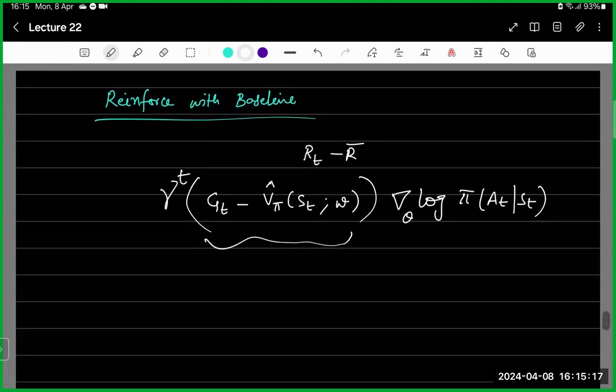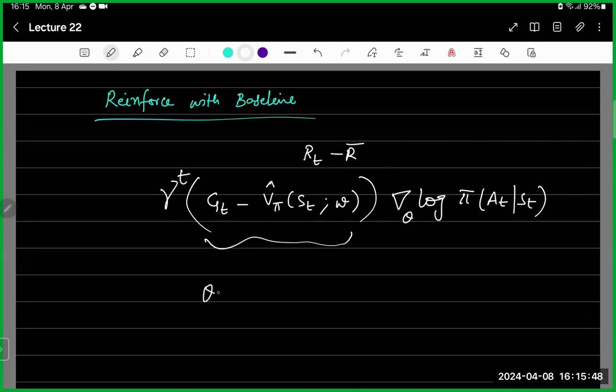So who will give us the value function? Gt, how do we get Gt? We just run one episode using our current policy pi, then we'll get Gt. Then what about V hat? How do we get V hat? We have to model it as another function and estimate its weights W, right?